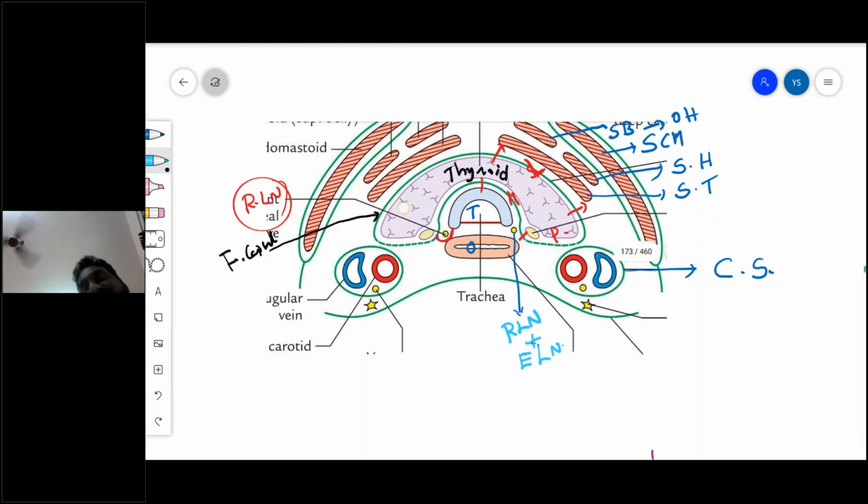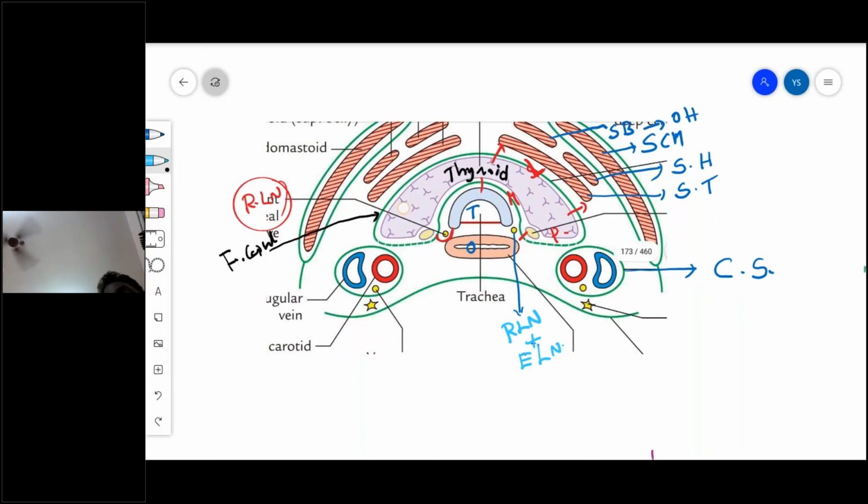So this is about the relations of the three surfaces. Once again, the lateral surface is related to the superior belly of omohyoid, sternocleidomastoid, sternohyoid, and sternothyroid. The posterior surface is related to the carotid sheath. The medial surface is related to two tubes, trachea and esophagus; two nerves, recurrent laryngeal nerve and external laryngeal nerve; and two muscles, inferior constrictor and cricothyroid.